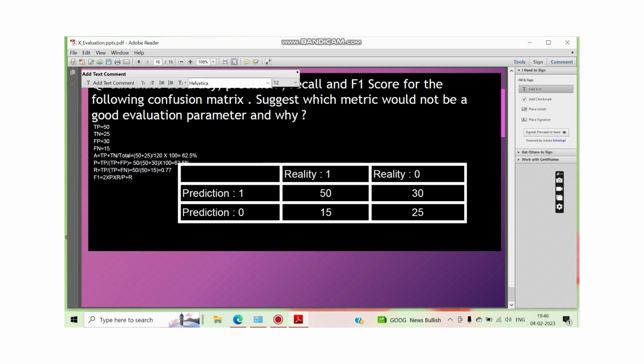So we will write like this: 2 multiplied by 0.62 multiplied by 0.77, and the whole value needs to be divided by 0.62 plus 0.77, right? So after applying all these values and calculating, we'll get the answer 0.68, right? So this is the value for F1 score.